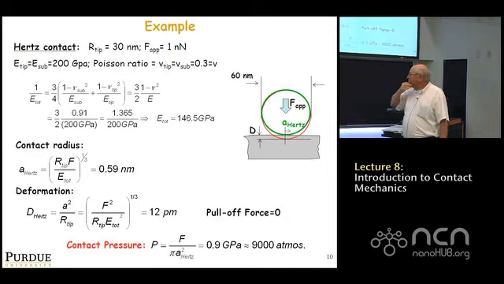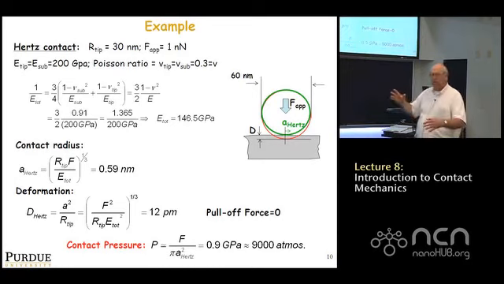And I just wanted to make a suggestion about the contact pressure, right? So you say to yourself, well, 1 nanonewton, that's pretty small, right? But it's applied over a radius of about 0.6 nanometers, 6 angstroms. So if you calculate the actual contact pressure between the tip and the substrate over that 6 angstrom contact radius, right, you get a contact pressure that's about 0.9 gigapascal, which is on the order of about 9,000 atmospheres.